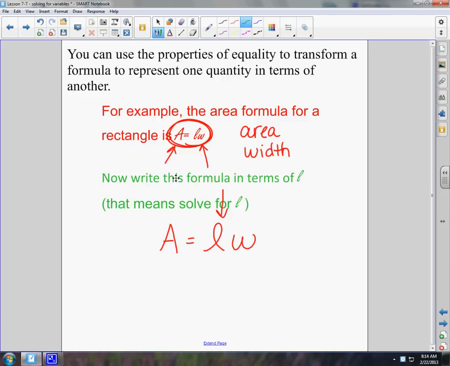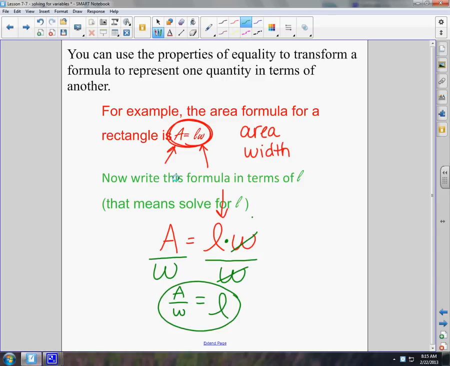Well, this is multiplication right here, these two. So I'm going to divide by W on both sides. That gives me just my length because these two cancel out. And then I know it's area divided by width. Sorry, that's ugly. Area divided by width equals my length.